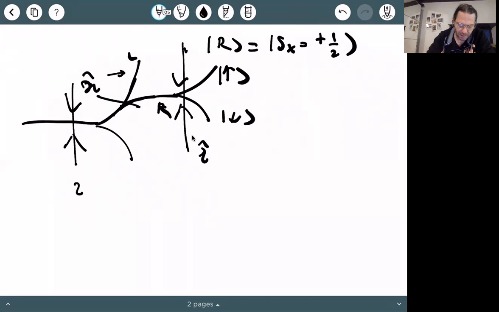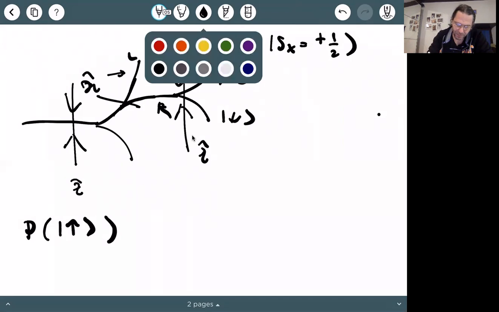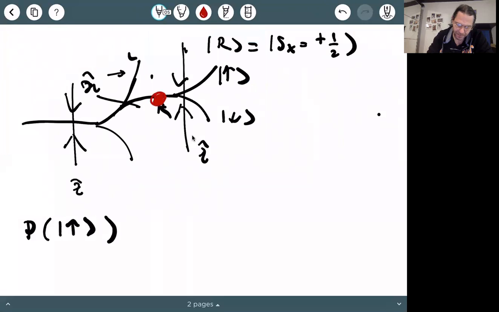Remember again the Stern-Gerlach. What is the probability of observing the plus component of the z angular momentum, knowing that my system is in one of the two eigenstates of x, meaning we have prepared a system right here?